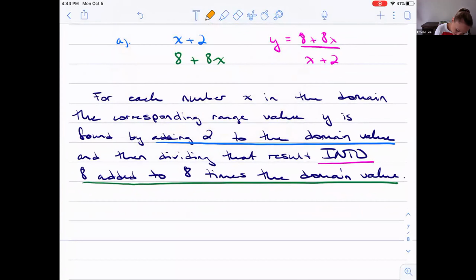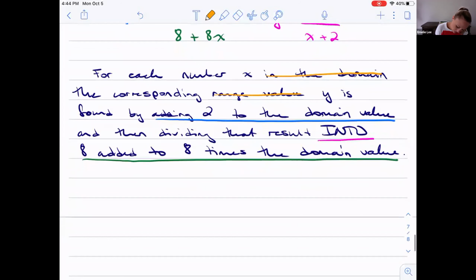For each number x in the domain, so for each number x and then x is in the domain, the corresponding range value y is found by adding 2 to the domain value, and I'm going to replace this by x plus 2, and then dividing that result into 8 added to 8 times the domain value, that's the same as 8 plus 8x.